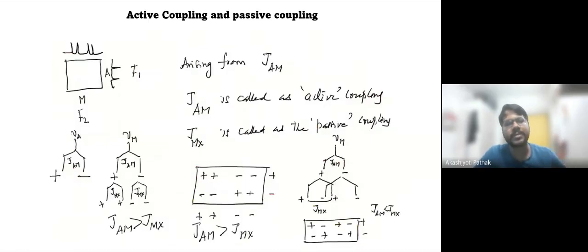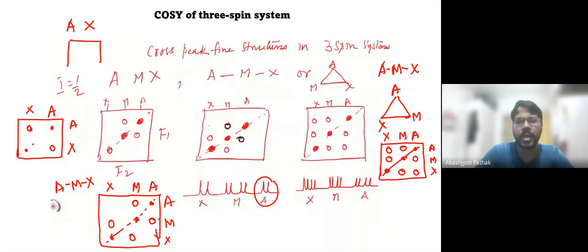Now, one other thing that was discussed is active coupling and passive coupling. If we look at one of the cross peaks, suppose we are considering this cross peak, what is this cross peak? This is the AX cross peak, because you have A over here.